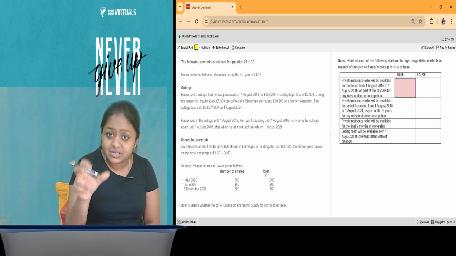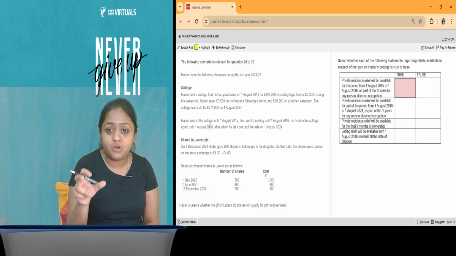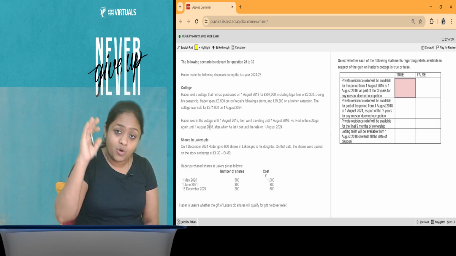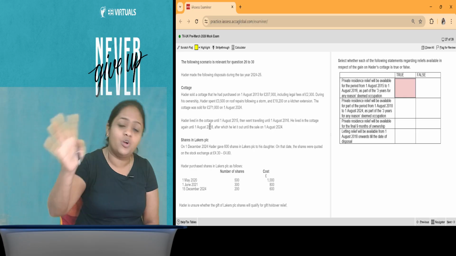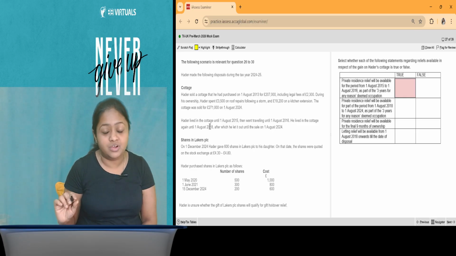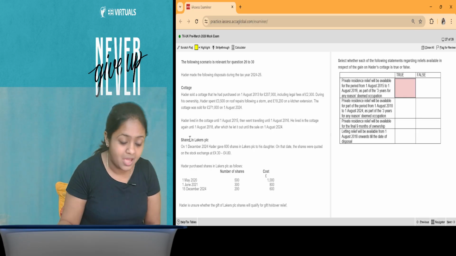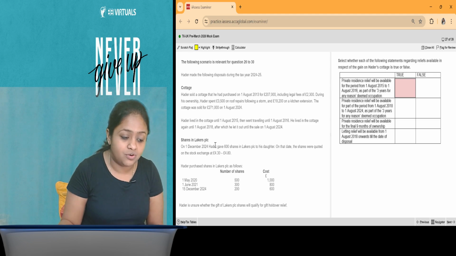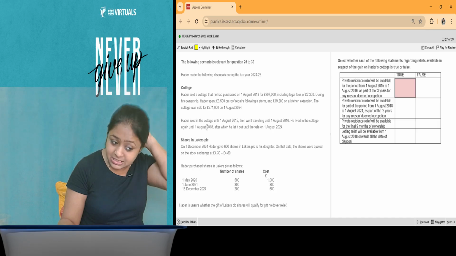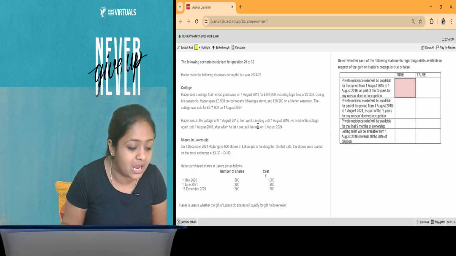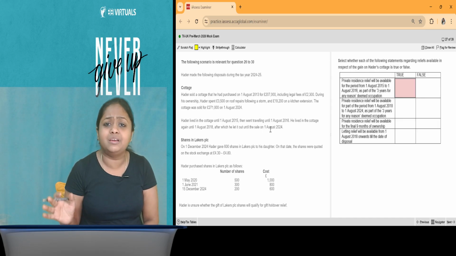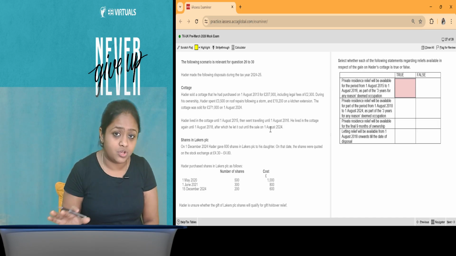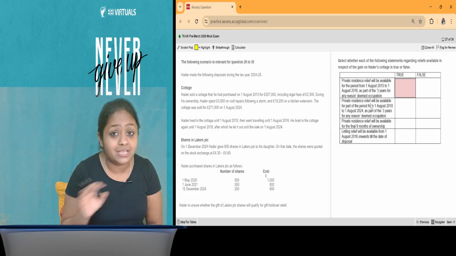So whatever periods you want to take this deemed occupation for any other reason, after that period also you need the actual occupation. Okay. So let's read. He lived in the cottage until 1st August 18, after which he let it out until the sale. So he's never lived in it actually. No actual occupation, so this period cannot be claimed.